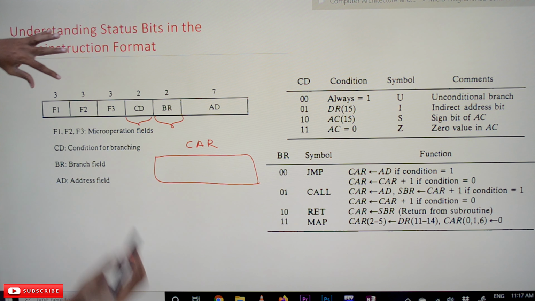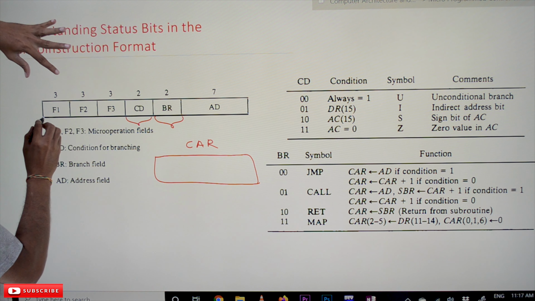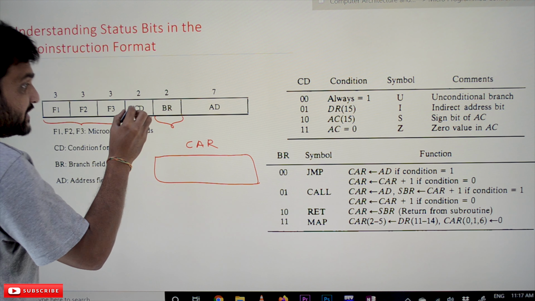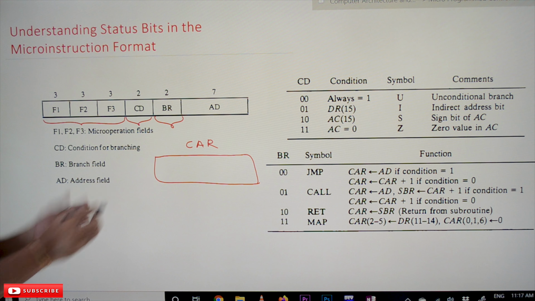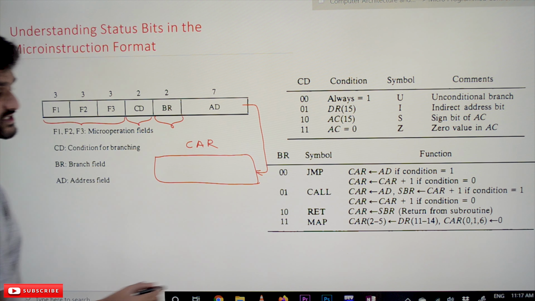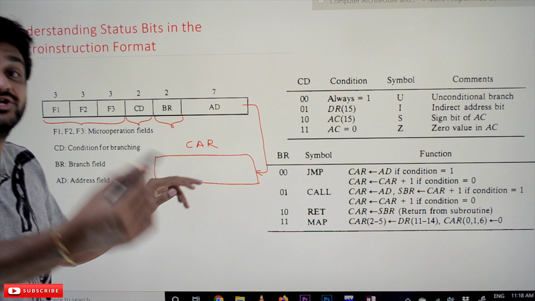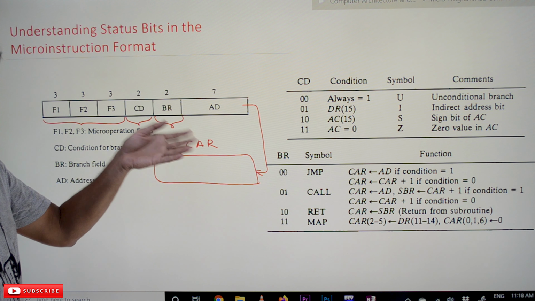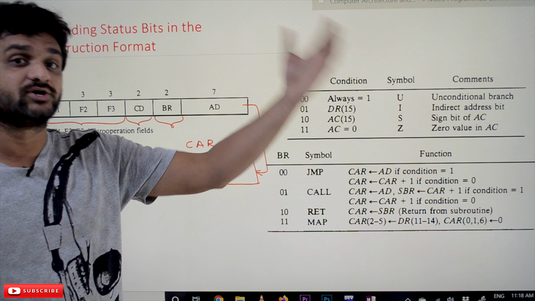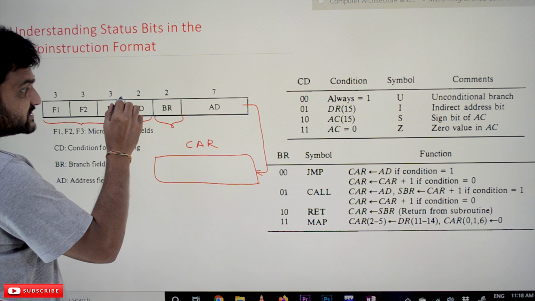So in the process of executing the present micro instruction, parallelly based upon these CD and BR status bits, the address will get transferred onto the control address register. This is the address of the next micro instruction that needs to be executed. It may be the next address or some location in the micro control memory. That is decided by these status bits.